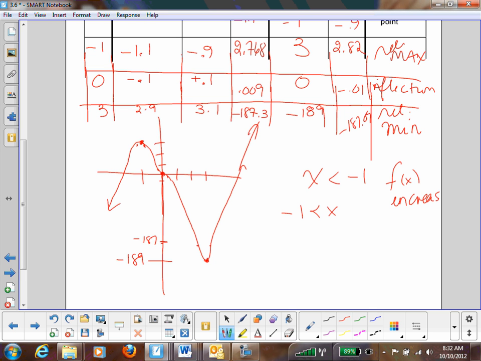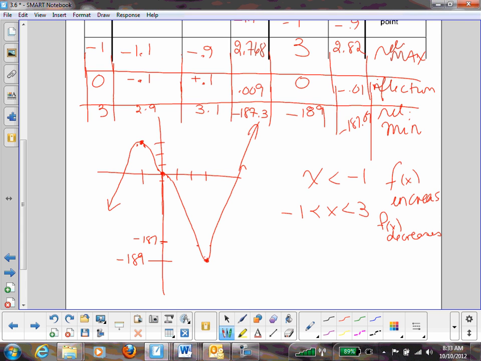No, because it's continuing to decrease. It's just doing a little inflection. -1 and, where does it turn around again? And 3. Remember, it's your x value that you worry about. You talk about whether your function increases or decreases according to the x value. That determines your intervals. So between -1 and 3, my function is now decreasing.